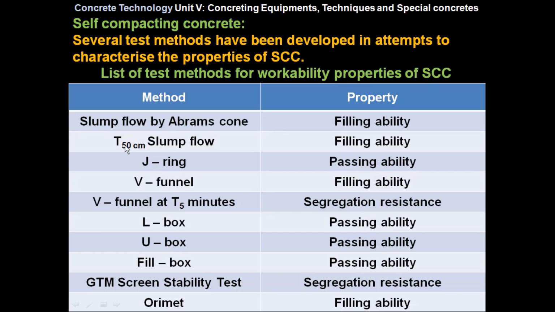T 50 cm slump flow, filling ability; J ring, passing ability; V funnel, filling ability; V funnel at T 5 minutes, segregation resistance; L box, passing ability; U box, passing ability; fill box, passing ability; GTM screen stability test, segregation resistance; and Orimet, filling ability.